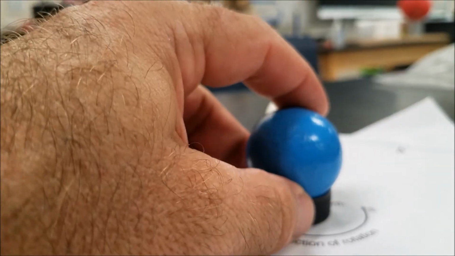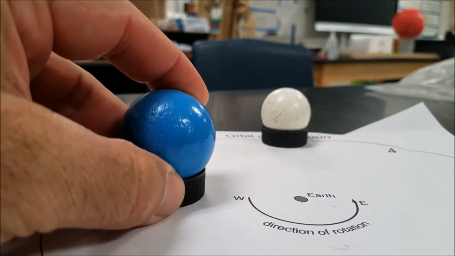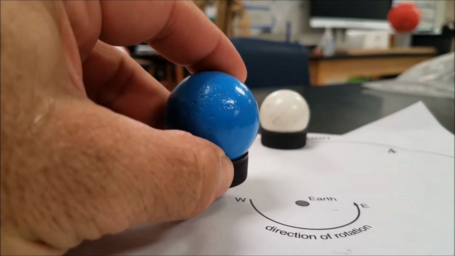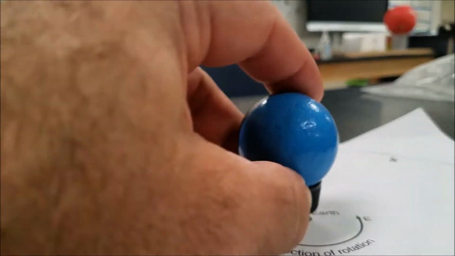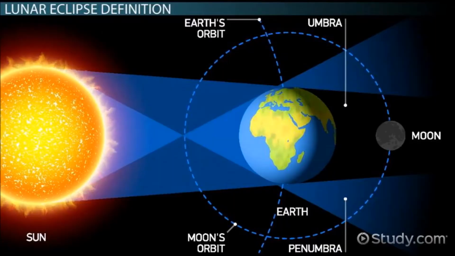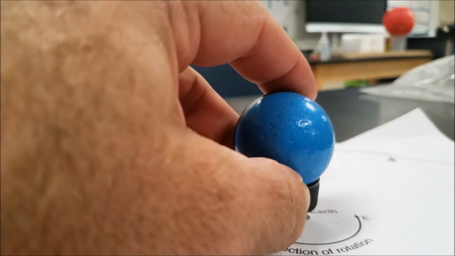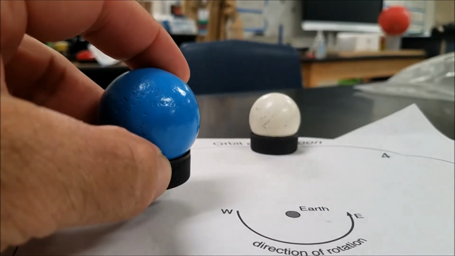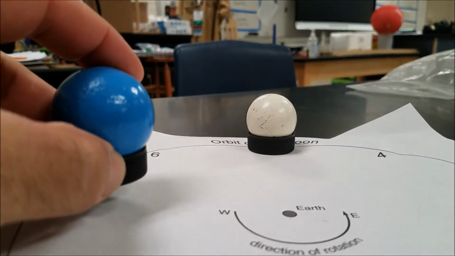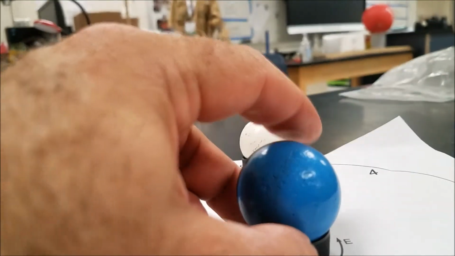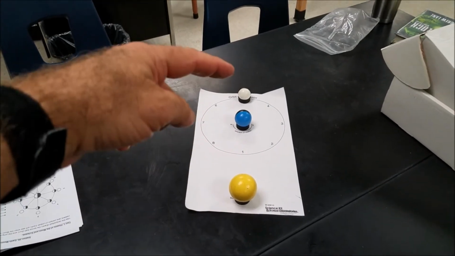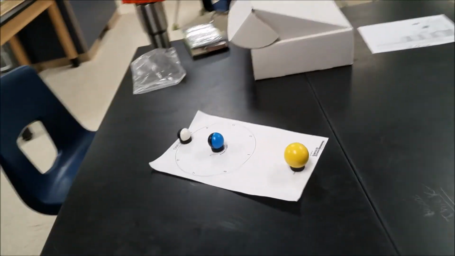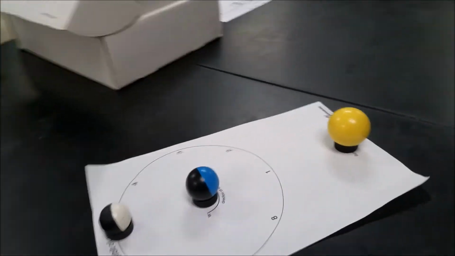Now, interestingly enough, the full moon phase is the only phase when you can get a lunar eclipse, when the shadow of the Earth passes in front of the moon. That's a lunar eclipse. The only time you can get a lunar eclipse is during a full moon. So in order for a lunar eclipse to happen, it must be sun, Earth, moon. All right, that's the full moon alignment.